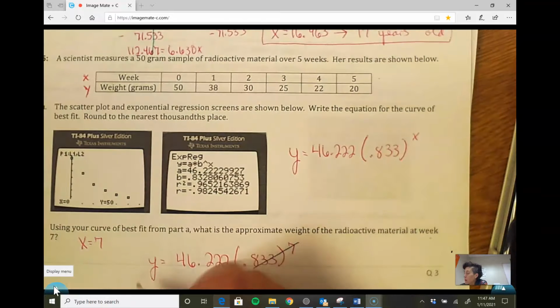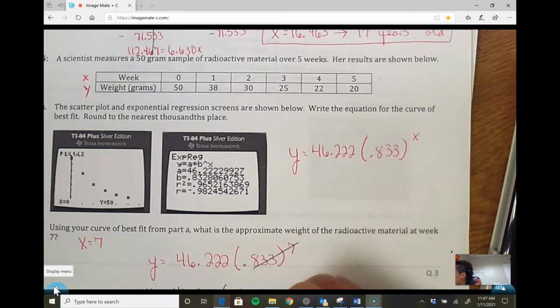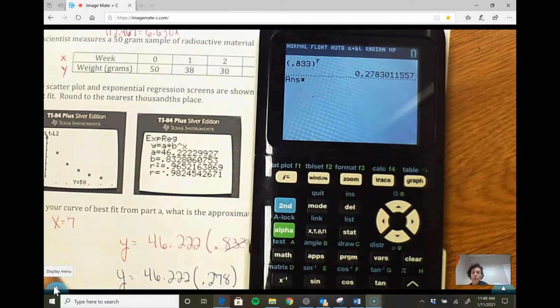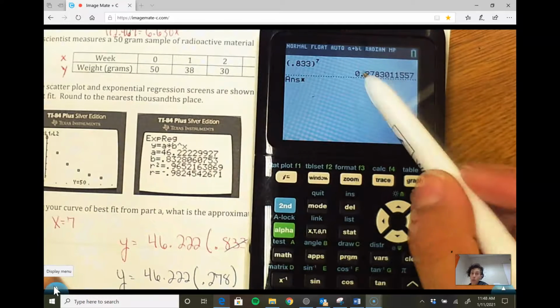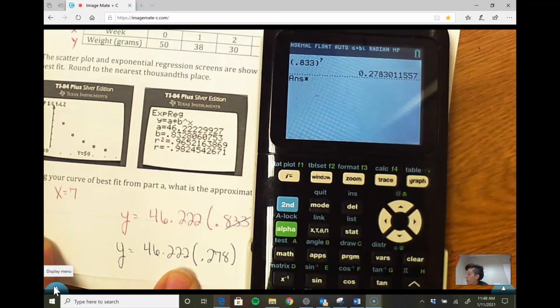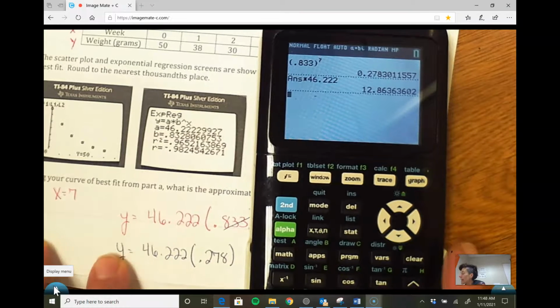So just rewriting where I am, Y equals the 46.222. I'm just going to write down some of the decimals here. And then I would just multiply those. And what I would do is just hit times on my calculator, because I don't want to round my decimal. I want to use this whole decimal. And I would take this times my 46.222. And then I can get what Y is.